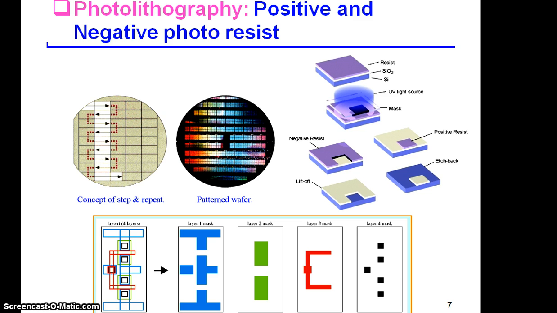Then positive and negative photoresist, depending upon the nature of the exposure, whether it gets soft or harder. Positive means it will become soft after UV exposure, and if it becomes harder under the UV exposure, it is called negative photoresist.